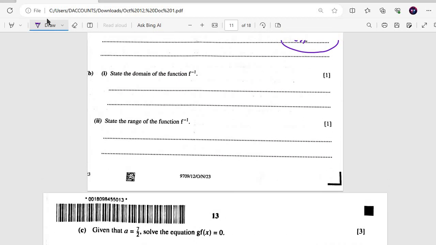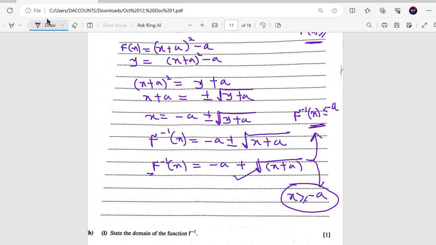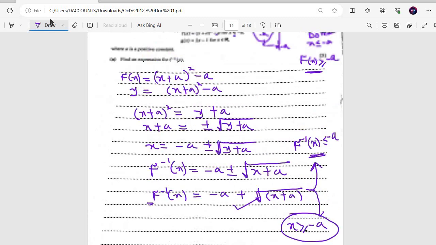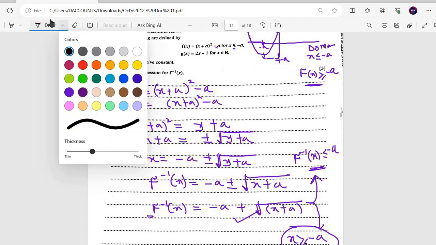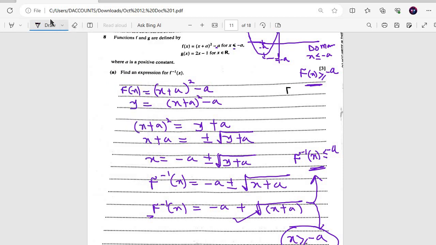Now state the domain of the function. Okay, like I said earlier, let me change my color so it should be clearer. For the function, the vertex of that function is minus a and minus a.